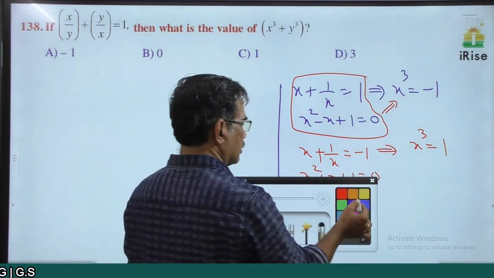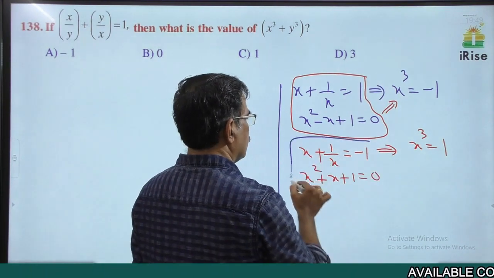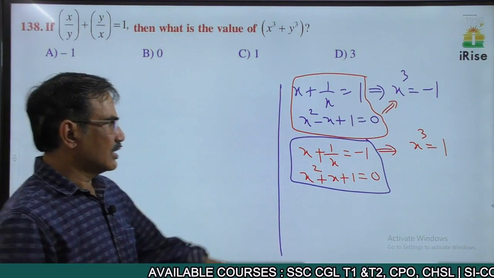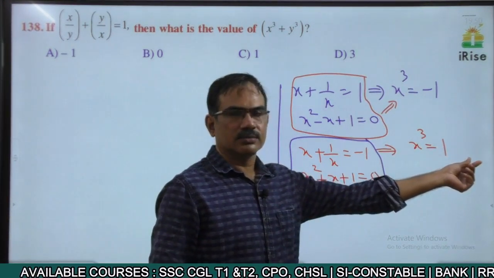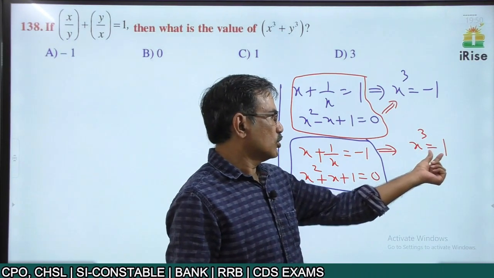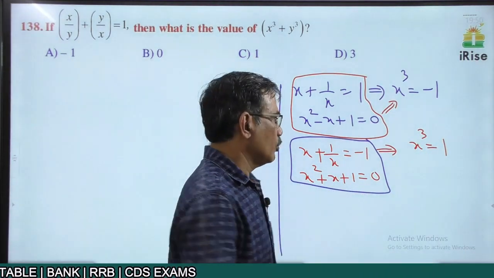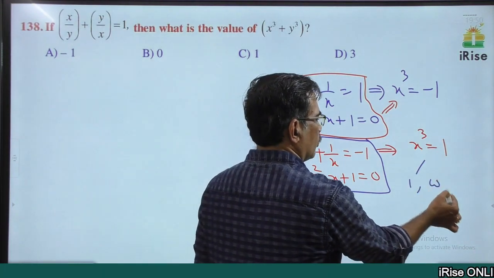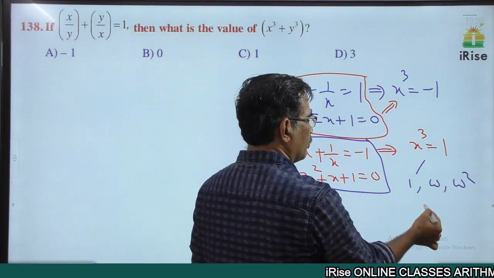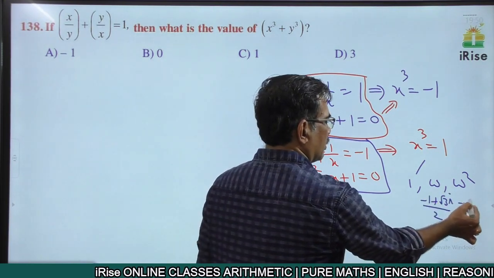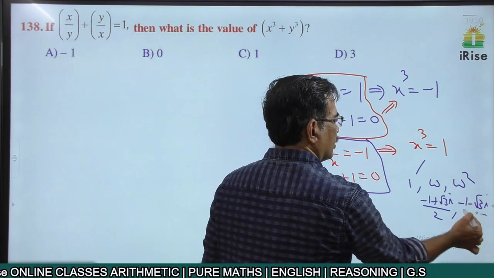In these two cases, x cube is equal to 1. Then the roots of this are 1, omega, omega square, the cube roots of unity, where omega is minus 1 plus root 3 i by 2, and omega square is minus 1 minus root 3 i by 2.